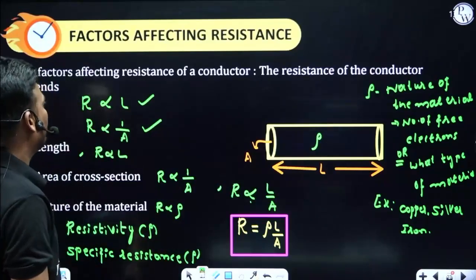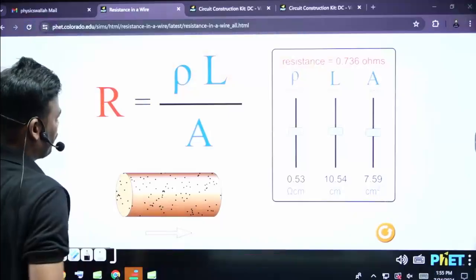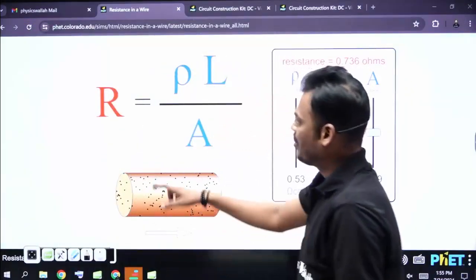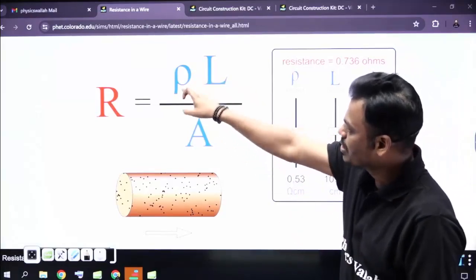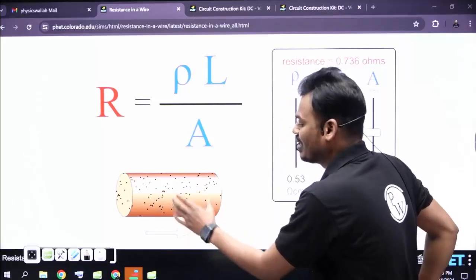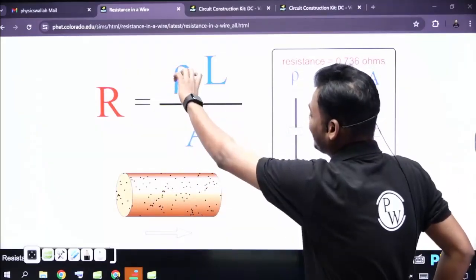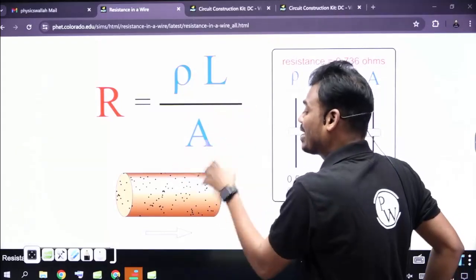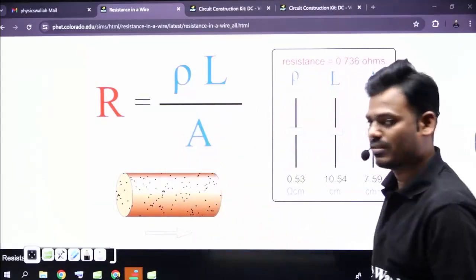Fine. Now, next one, and we'll see it simulation-wise. According to the formula, R equals rho L divided by A. I'll keep rho as it is, meaning the nature of the conductor. Let's consider this is a copper wire, so the material is fixed.